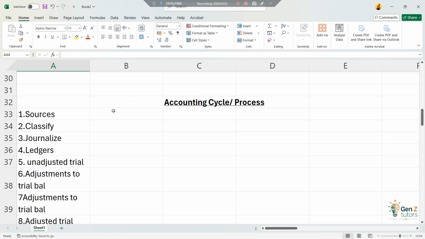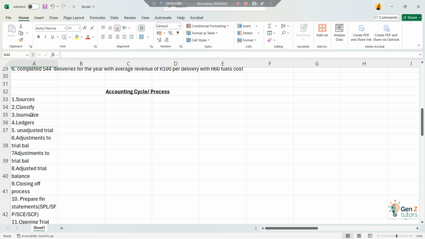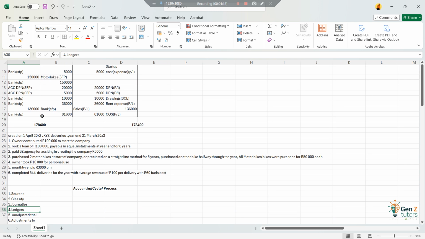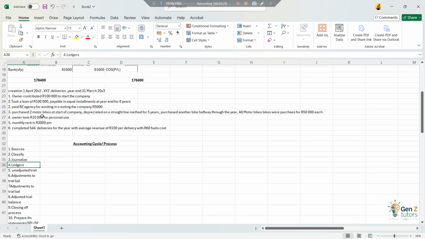And then you are done. After that, you prepare your opening trial balance for the new year. And then you're complete with your accounting cycle after that, right?